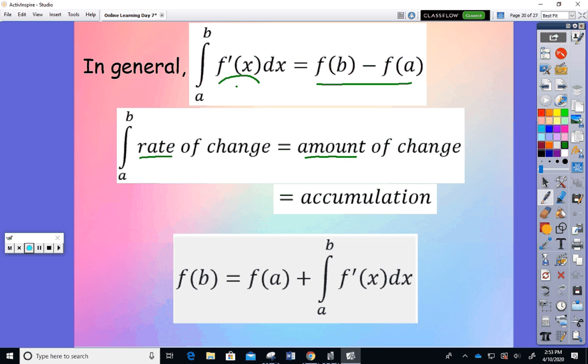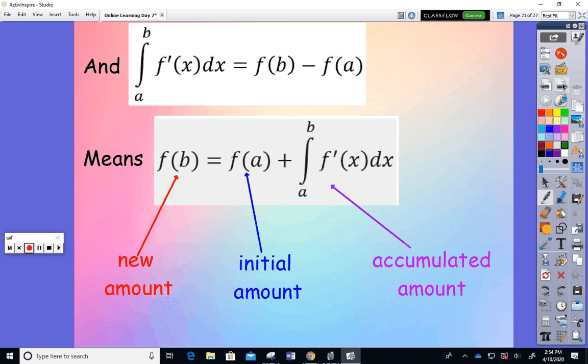Now, look, if I want to solve this equation for f of b, I simply add f of a to the side with the integral. So f of b equals f of a plus this integral. This is telling me that f of b, which is my new amount, equals f of a, which was my initial amount, plus the accumulated amount of change.